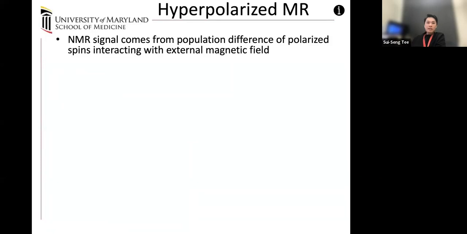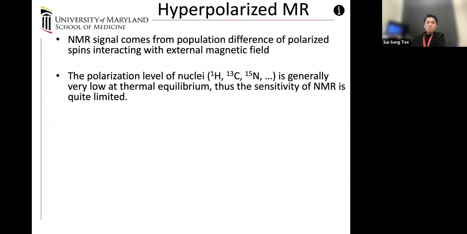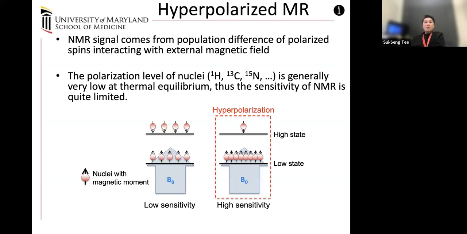So I think those of us who do chemistry, we know NMR, nuclear magnetic resonance, which consists of a huge magnet and a small tube. And those of us who do chemistry, we put our sample into the tube and we drop it into the NMR machine, right? And it gives a spectrum. And this spectrum comes from the fact that hydrogen or nuclei that are NMR active have a spin difference, right, when they interact in a magnetic environment, right?